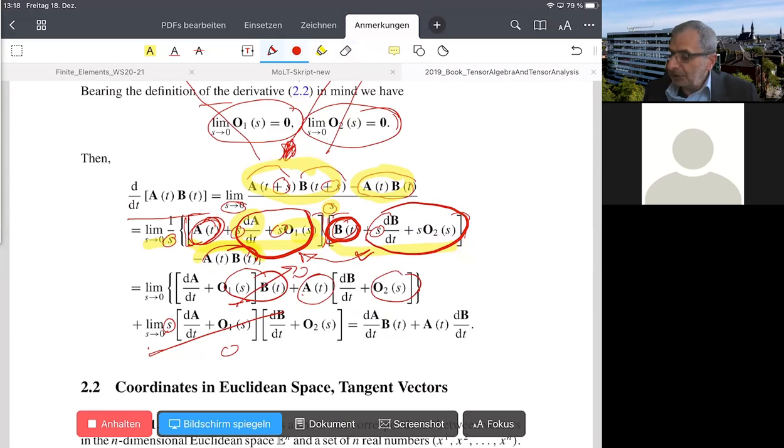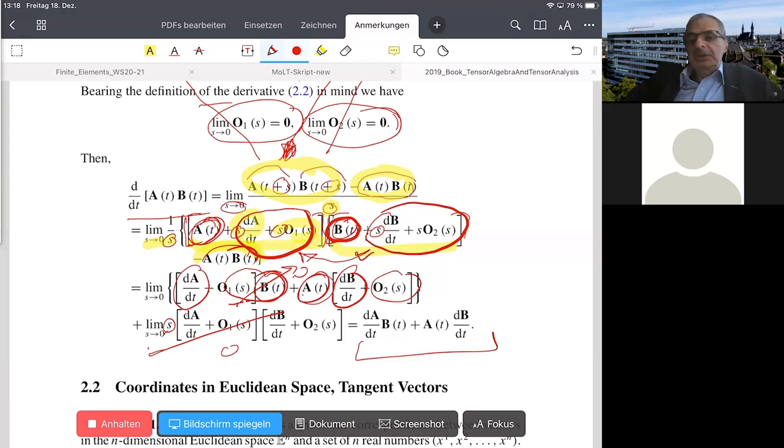Two terms remain: dA dt times B and dB dt times A. Only these two terms remain. And this exactly proves the product rule of differentiation for the composition of two tensor valued functions. So are you clear?